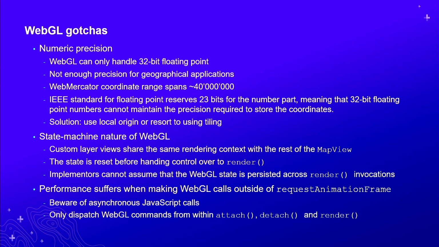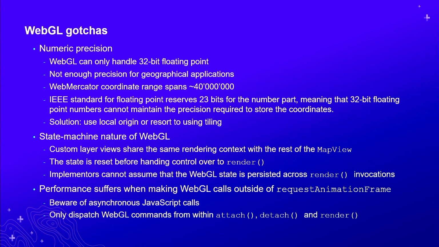Once the draw method is called again, you cannot assume that those resources are still bound to the context, because in between the previous call and the next call, the API rendered and reset the state. On our side, we're also keeping track of the WebGL state, and we have our own internal abstraction. Because of that, we need to make sure that we don't mix with the state that the third-party libraries are setting. So we must reset that state before carrying on.